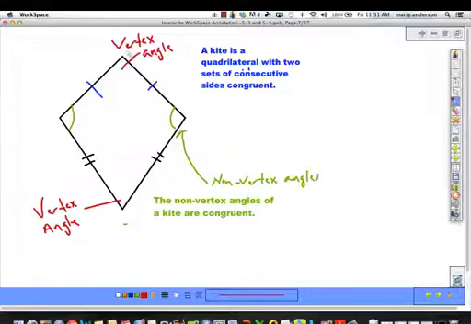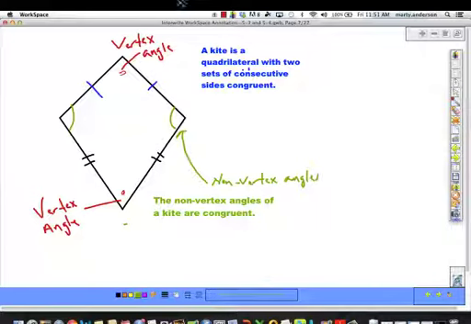Notice the vertex angles are the ones that fall in between our congruent sides. So the vertex angles are up here and down here. And the non-vertex angles will be congruent.